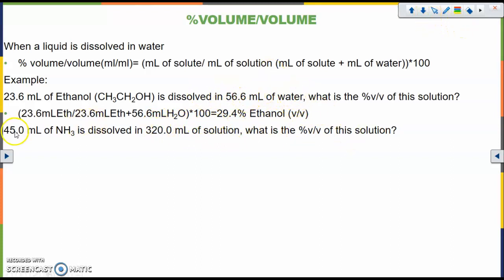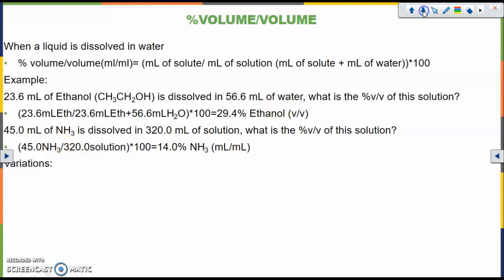Okay, so again, part over whole times 100, that gives you 14.0% ammonia. Again, note here that the percent volumes are all lower than 100%. Again, if you came up with a number like 163%, note that you have done something wrong again.